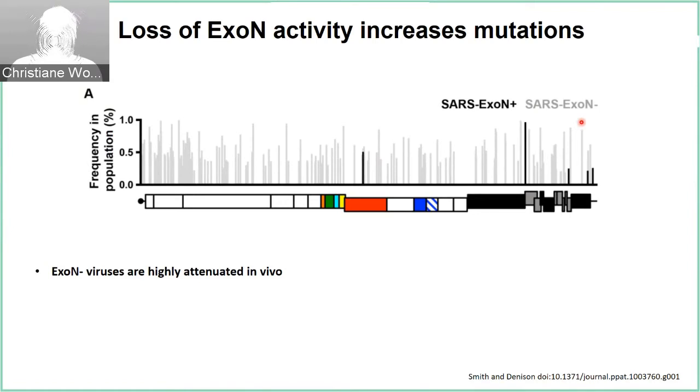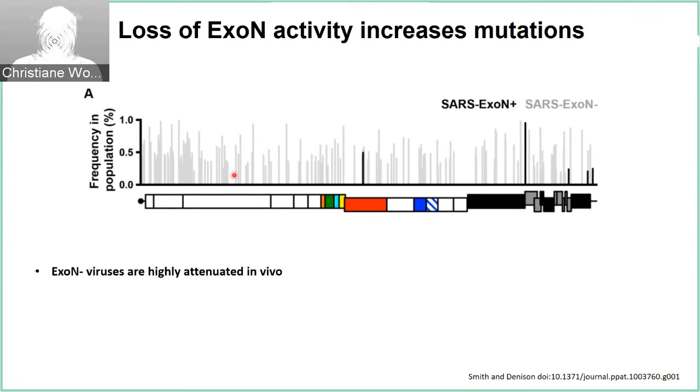What they did is they infected cells, waited for one replicative cycle, and then sequenced all of the genomes. And then the mutations were aligned along the viral genome on the x-axis, and the frequency of the mutation in the population on the y-axis.